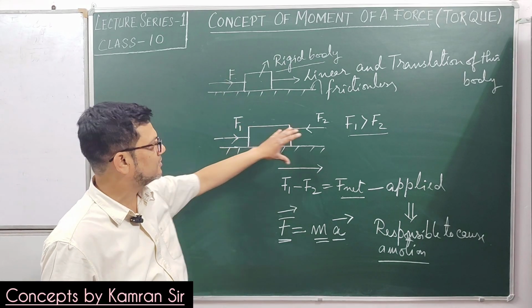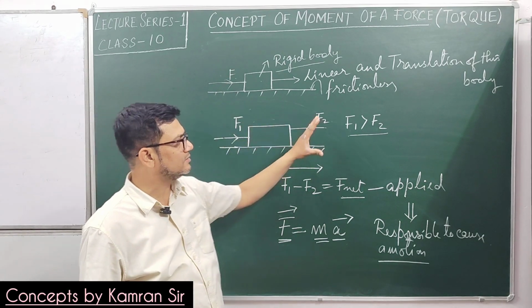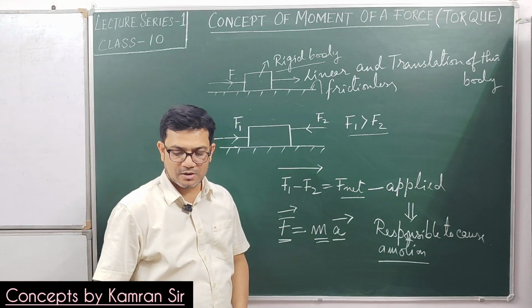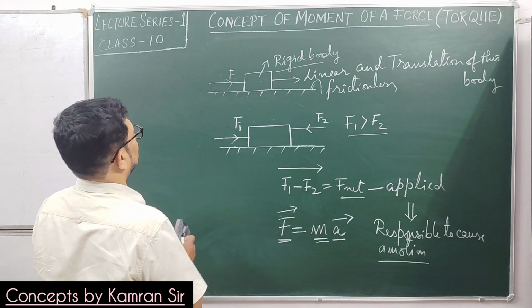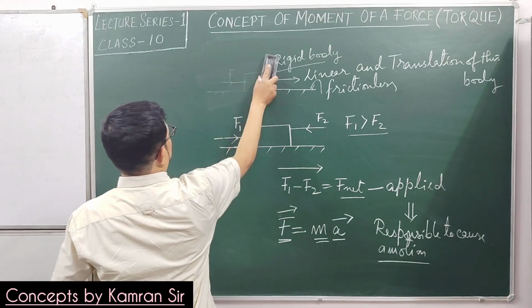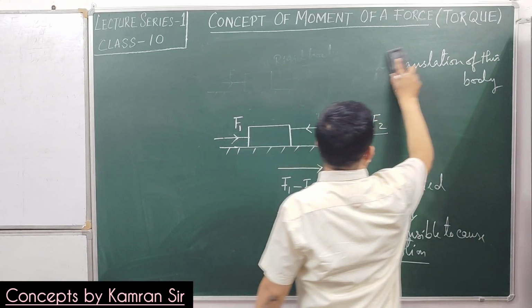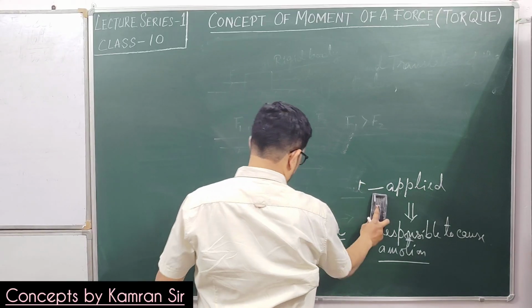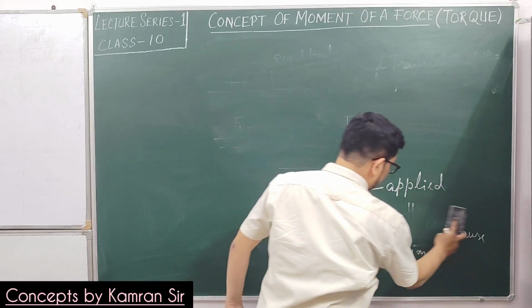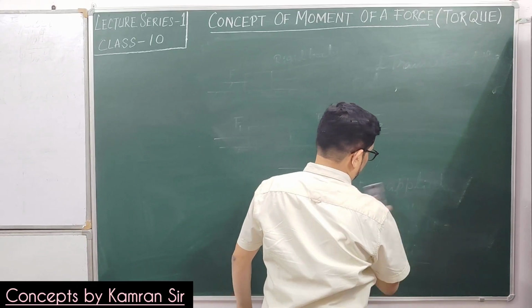In both situations, when you have this force and there is an opposite force, there is, however, a linear motion. Now this force that we are talking about, which is causing a motion, can also produce another effect, and that effect is rotational motion.